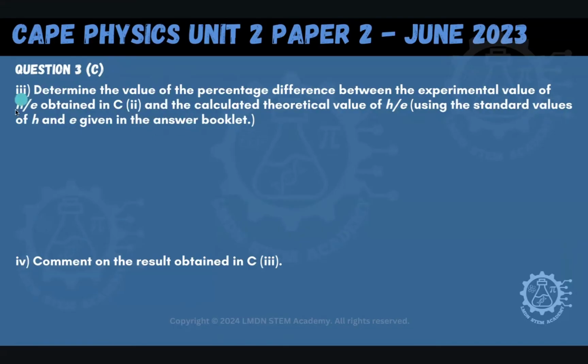So at this point, we know our experimental H over E, so we're just going to write that back down, and then we're going to find the theoretical one by consulting the table.